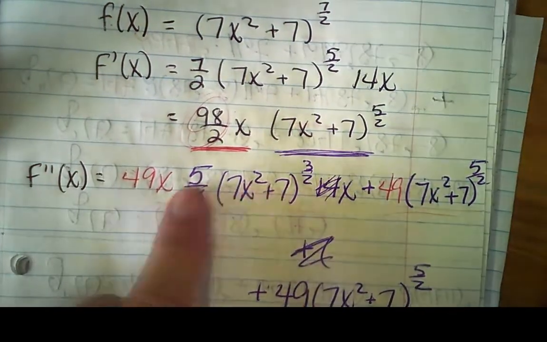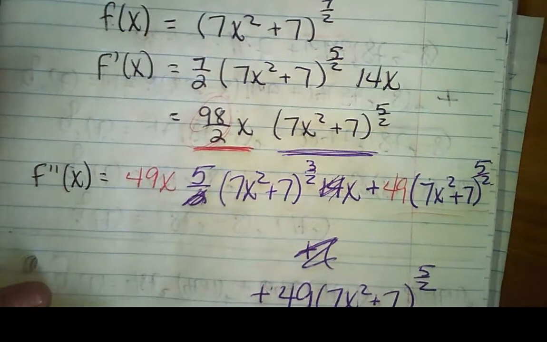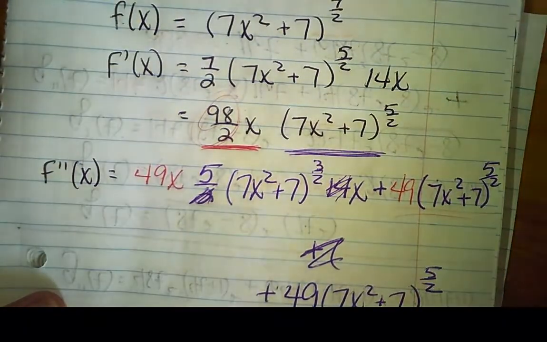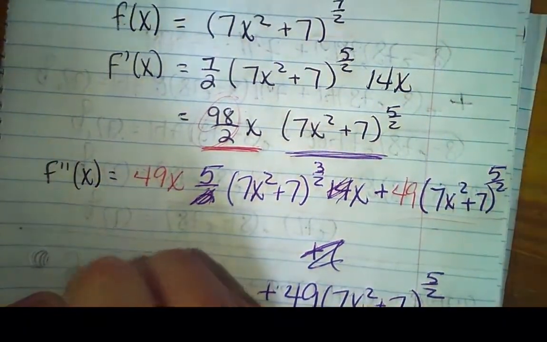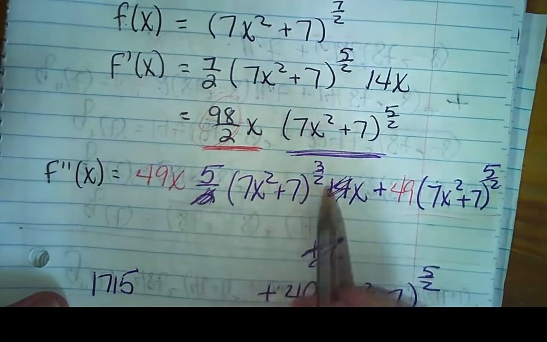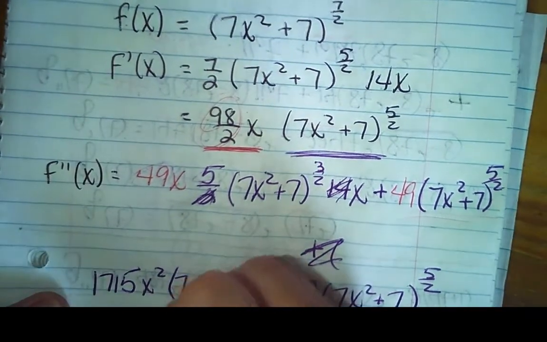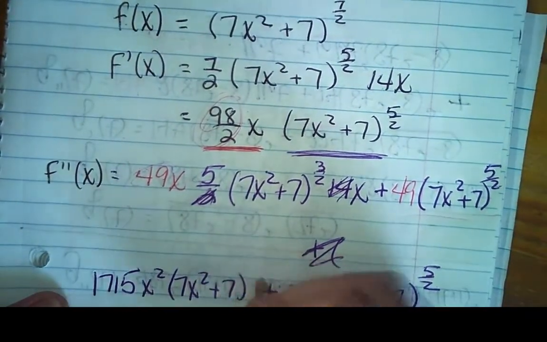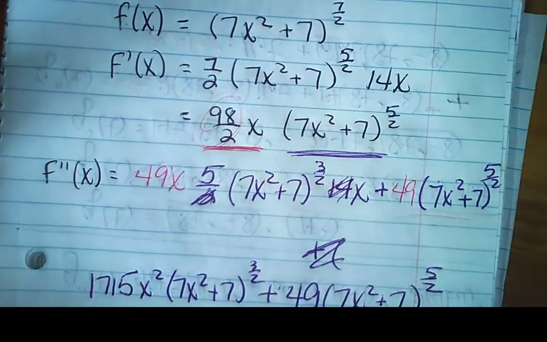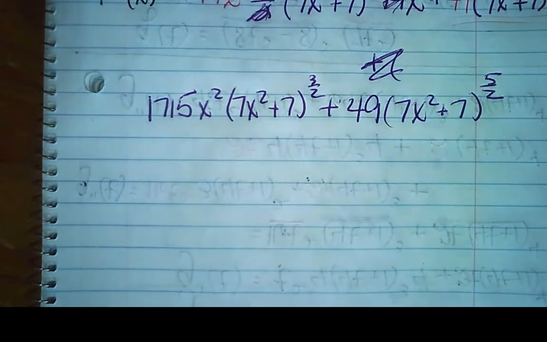So I have 7 times 5 times 49, and 35 times 49 is 1715. So I have 1715 times x squared times 7x squared plus 7 to the 3/2. That is your cleaned up second derivative.